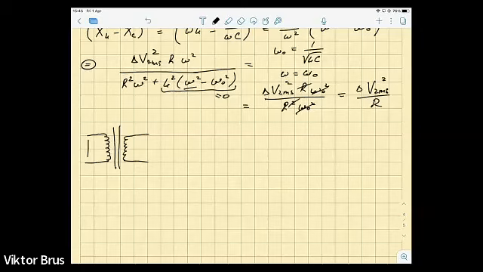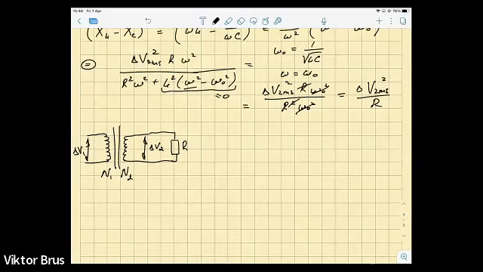There is some potential difference, delta V1, at the terminals of the primary coil, and delta V2 at the terminals of the secondary coil. Here we usually have some load resistor attached to the secondary coil. So what is the difference between these coils? It's actually the number of turns. N1 turns in the primary and N2 turns in the secondary coil.